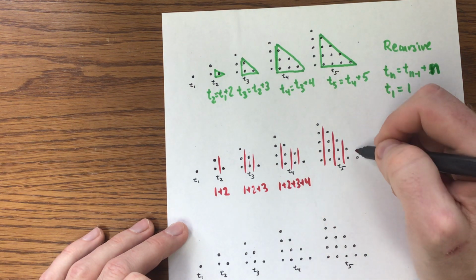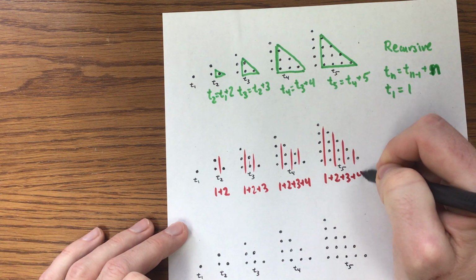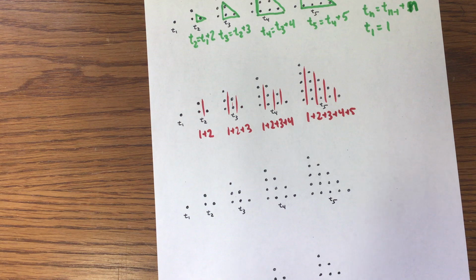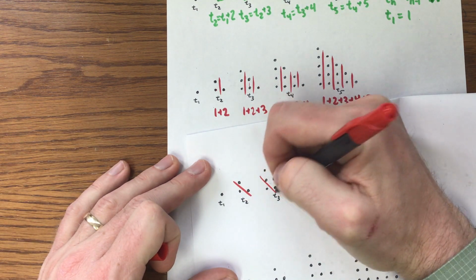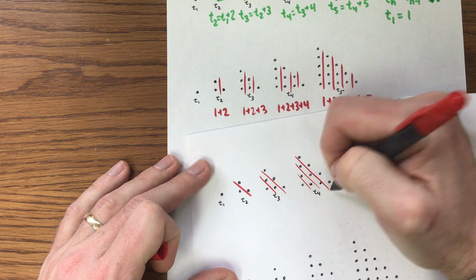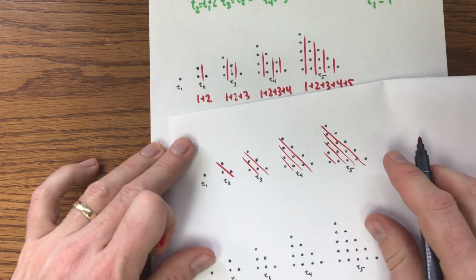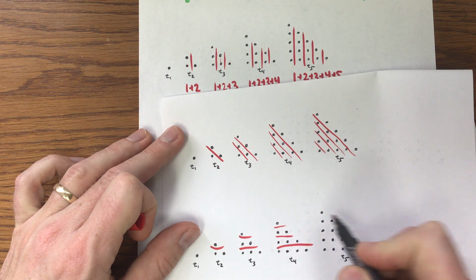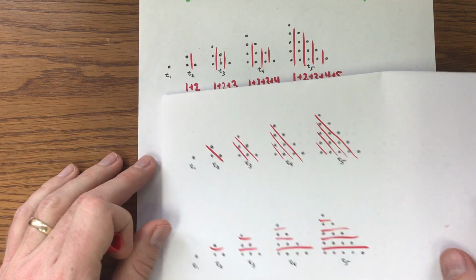Or 1 plus 2 plus 3 plus 4 plus 5. I'm choosing these vertically, but we could also do this in a number of different ways. Maybe we could see this as going 1 plus 2, 1 plus 2 plus 3 diagonal. Maybe you like that. Or we could go horizontal: 1 plus 2, 1 plus 2 plus 3, 1, 2, 3, 4. So we can get this relationship here.